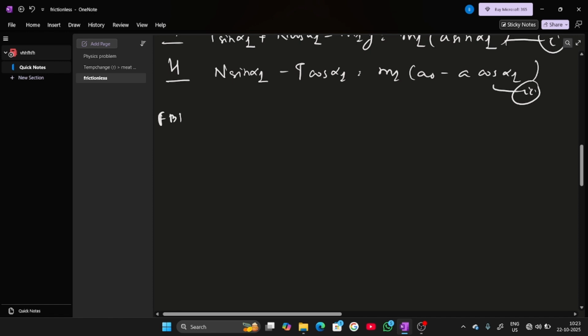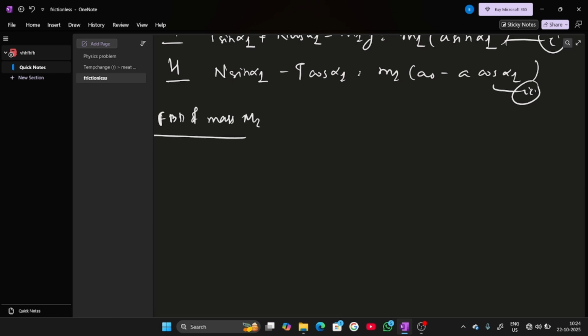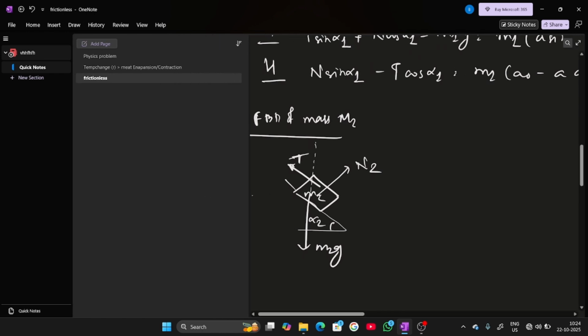Now an FBD of mass M2. This is M2, this angle is alpha 2. M2g vertically downward. This is normal N2. There is a tension T. Tension will be the same in the string because there is only one string and it is inextensible.